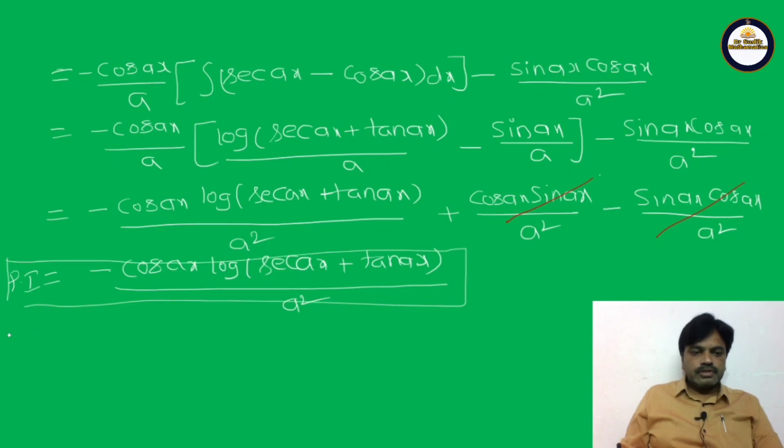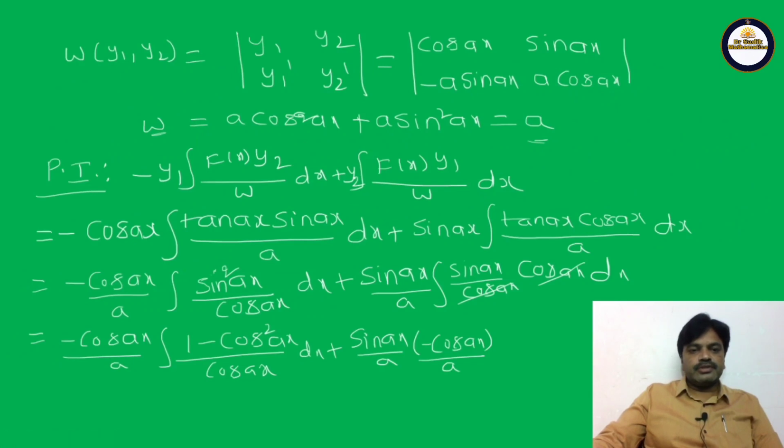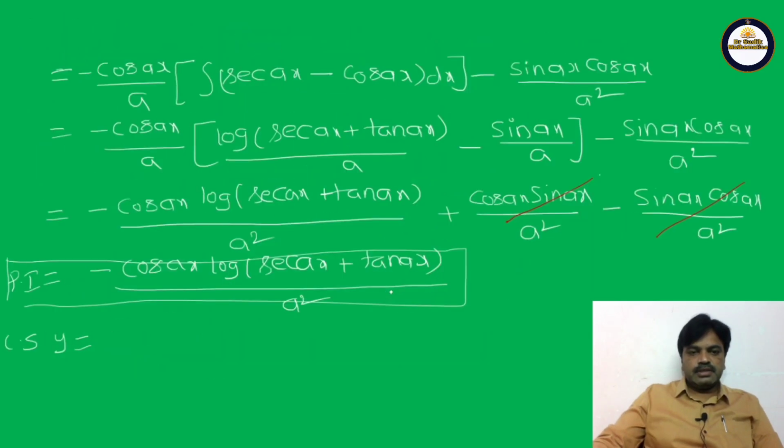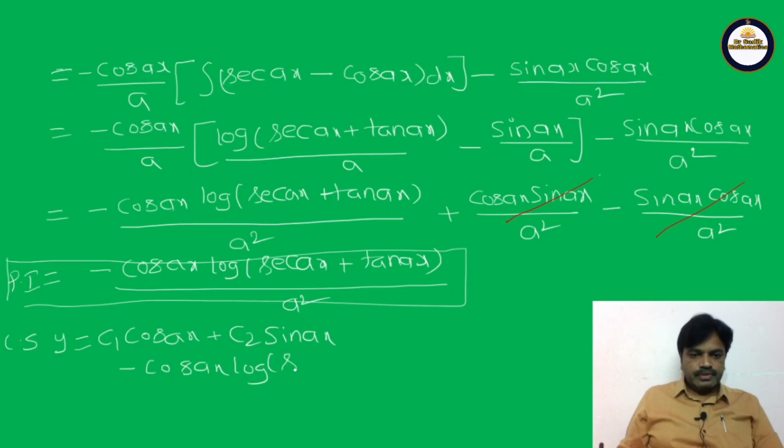So what is the complete solution, friends? y is equal to the complementary function, c1 cos ax plus c2 sin ax, plus the particular integral, minus cos ax log of secant ax plus tan ax by a square.